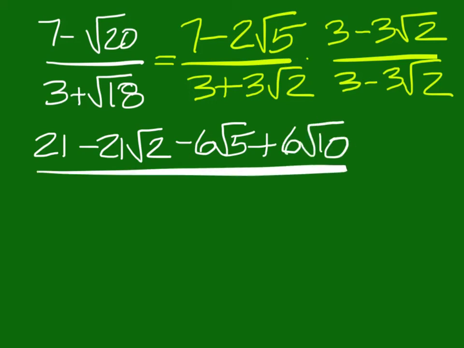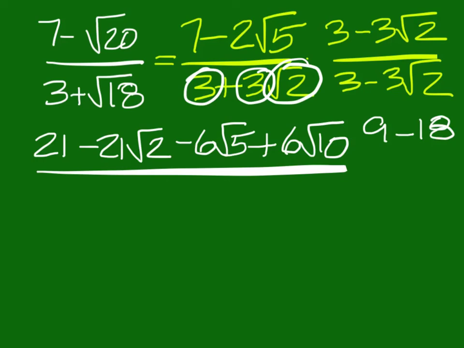And on the bottom, you would have 9 minus, now square the 3 to get 9, and square this to get 2, which is 18. 9 minus 18 is negative 9. Check out your radical terms. You can't simplify those. You have 21, 21, 6, 6, and 9.